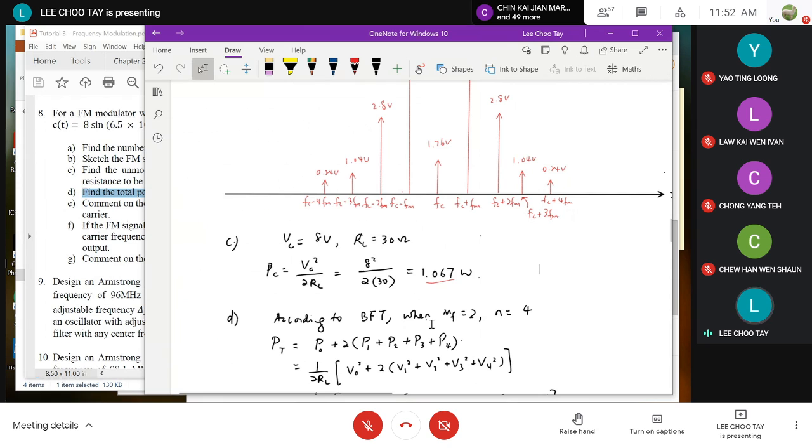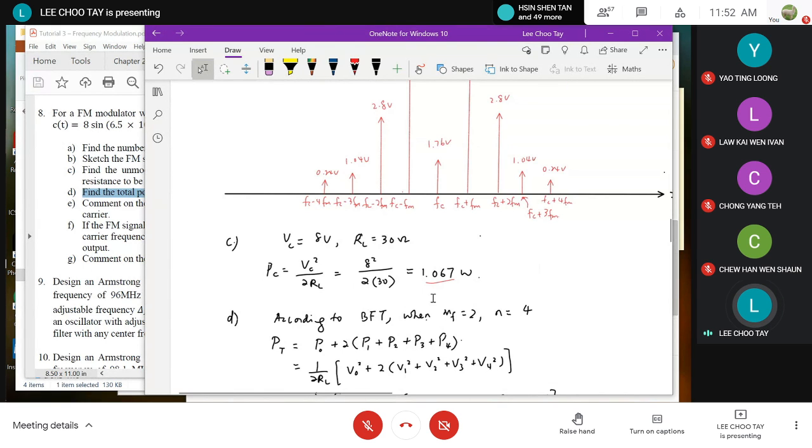I'm going to use this equation here. Total power is the carrier power plus 2 times the sum of all the sideband powers. Since we have 4 sidebands, we need to add up all the power for the 4 sidebands, then we multiply by 2.